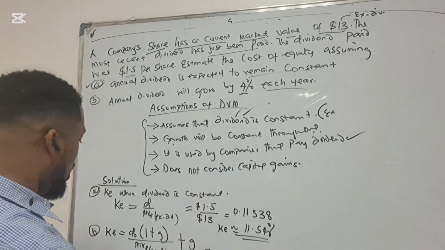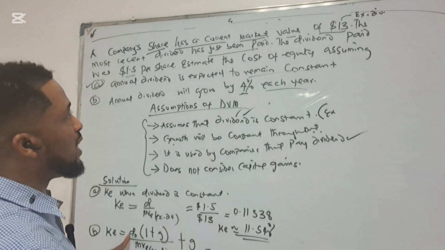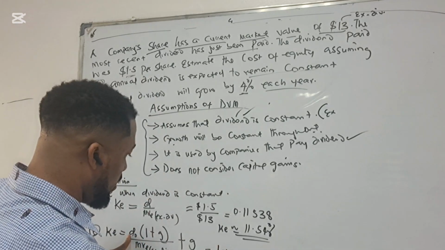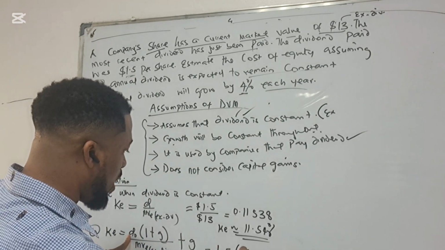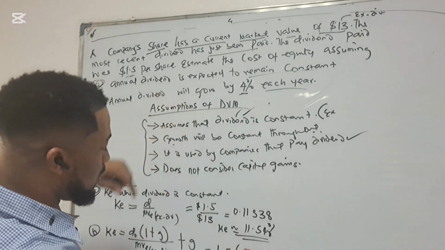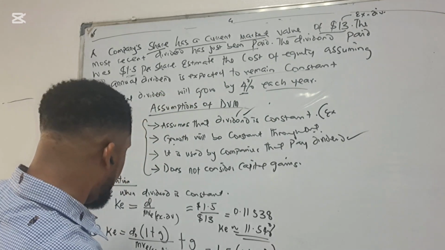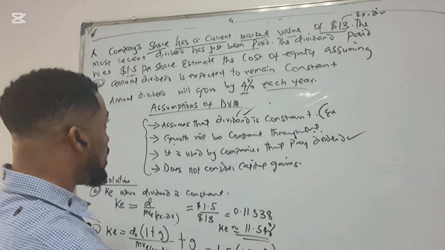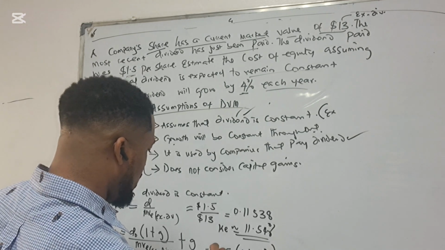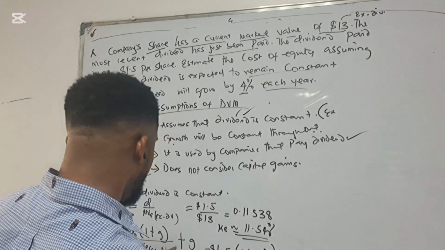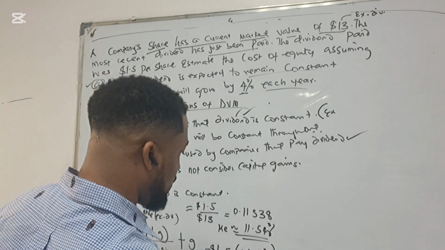So what do we do? Our D0 is the dividend now, which is 1.5. So we have 1.5 into 1 plus the growth rate of 4%, all divided by the market value, $13, then plus the growth, which is 4%.